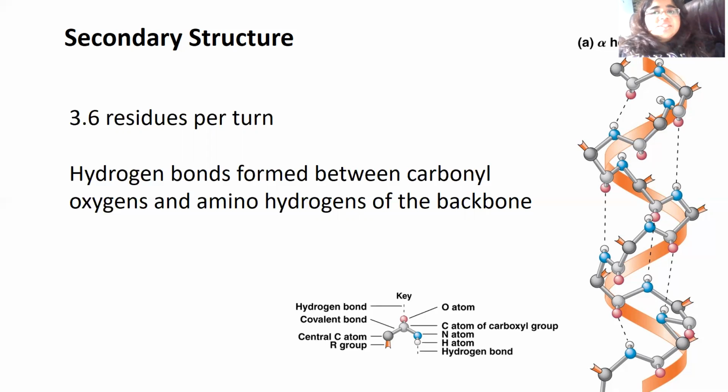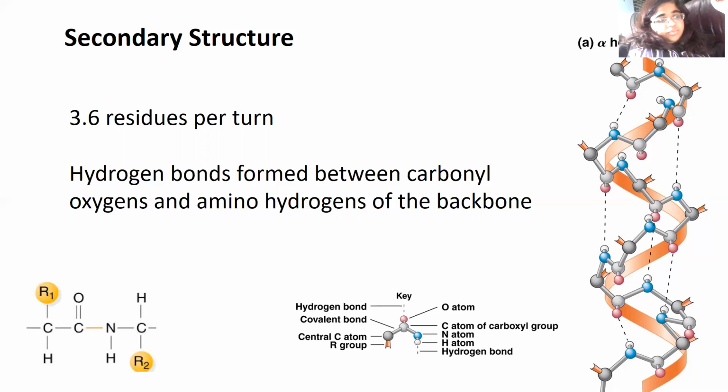That's how the secondary structure ends up forming. And it typically has 3.6 residues per turn, give or take. So this is an alpha helix.